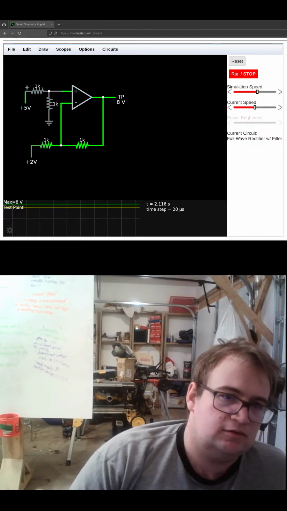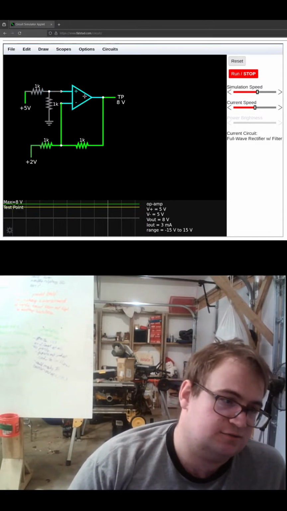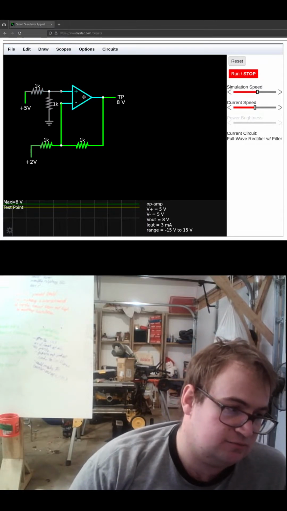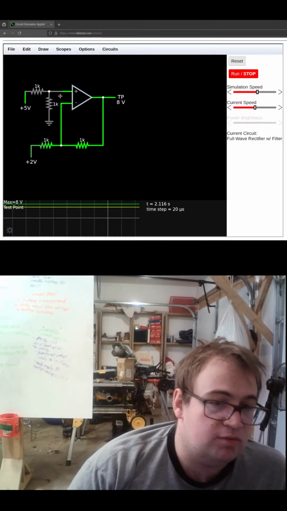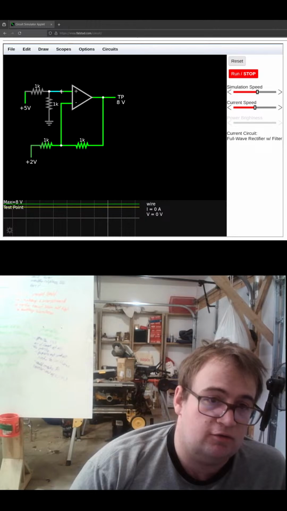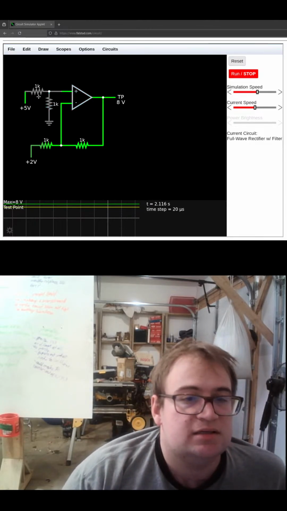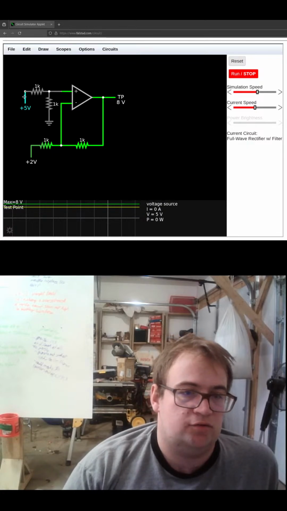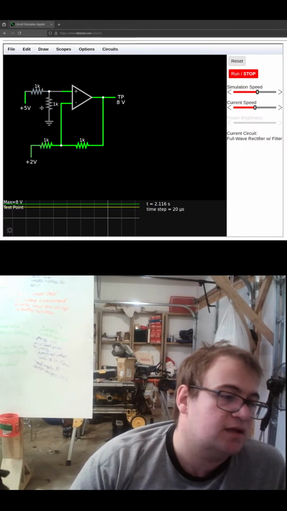that no current is going to flow into the input, since this is a perfect op amp. Real op amps won't show this, but this is a perfect op amp. So that means we're going to have 2.5 volts here, basically.